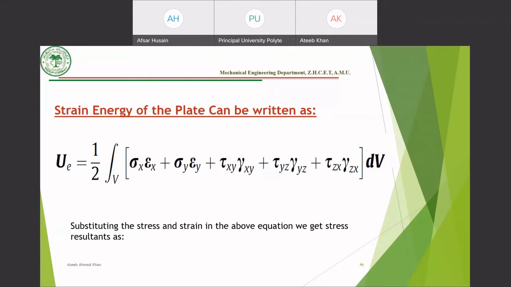So here he has used a variational calculus approach, where the variation of the potential energy is made equal to 0, because according to the minimum potential energy principle, the material will deform to a shape where the potential energy of the system is minimized.